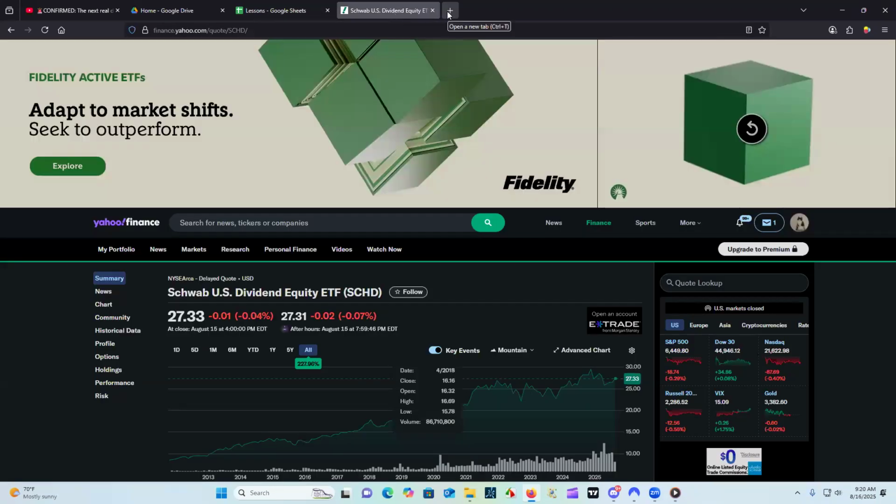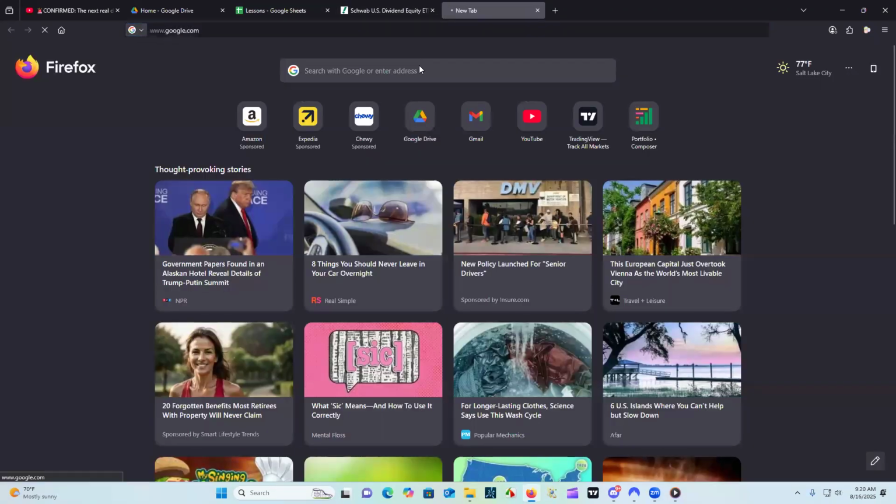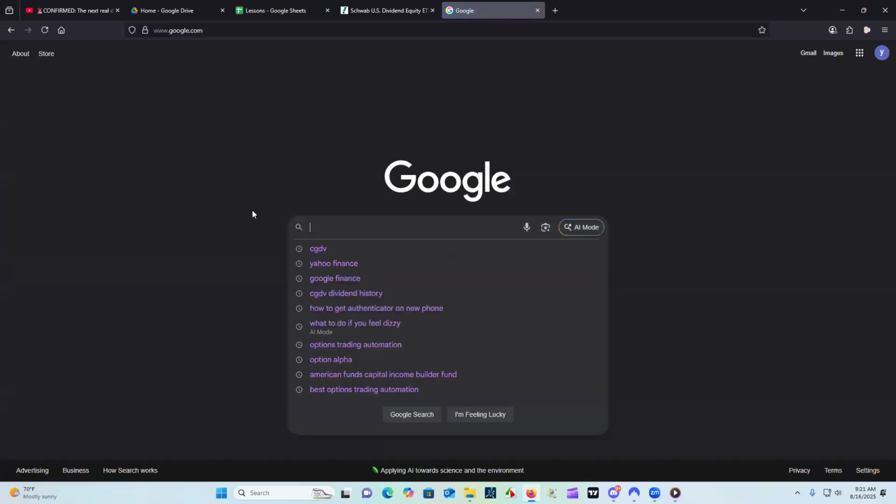If you go to Google, most people, when they say, how's the market doing, they look at the S&P 500. S&P 500 stands for Standard and Poor's 500, which they call an index. And it's an index that tracks 500 of the biggest companies in the United States.